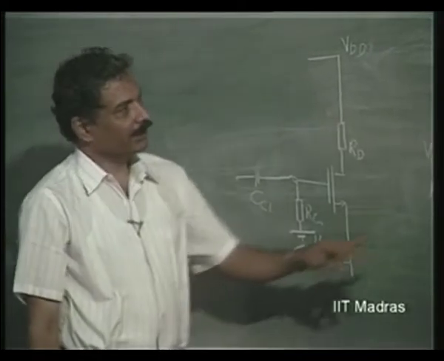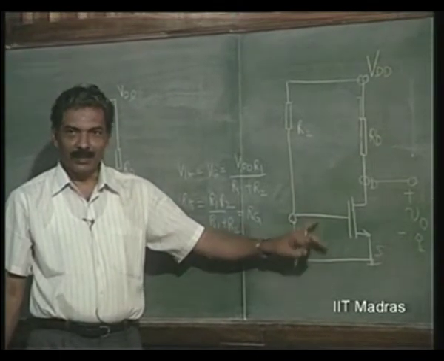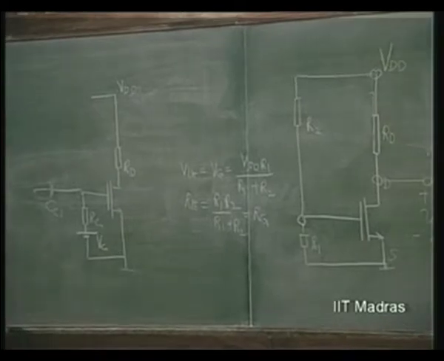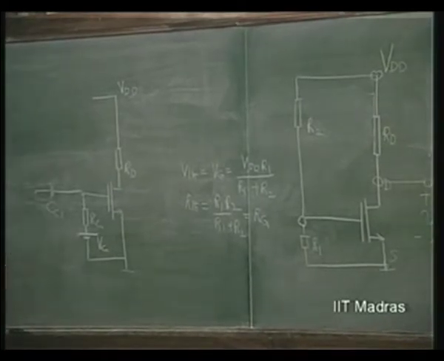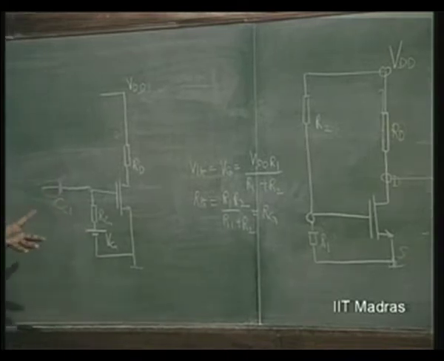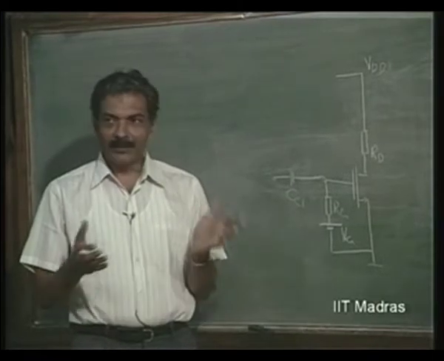In obtaining the voltage VGSQ that you would like to have. Now, in the earlier situation we said we wanted an operating point. Now, this is an operating point which is fixed without any problem. But are you happy with it?